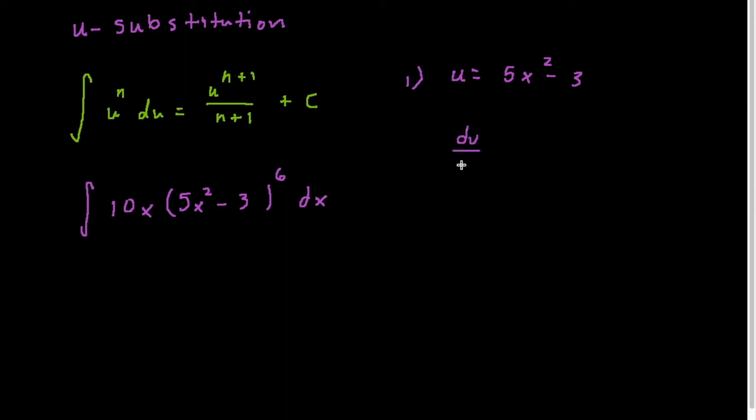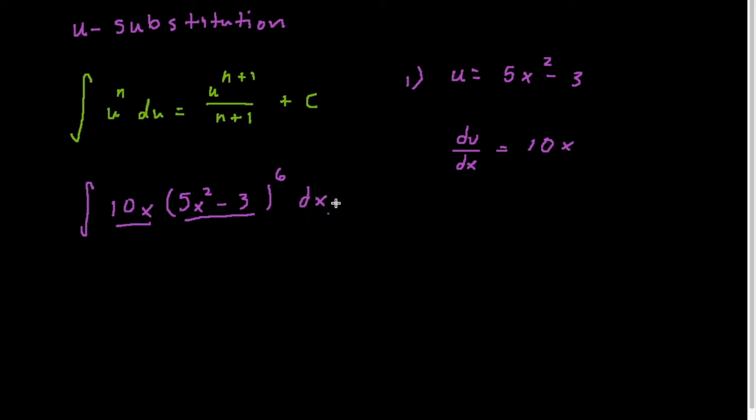Then think about the derivative of that function. The derivative of u with respect to x would be 10x, and the minus 3 goes away. So that seems to work. It makes sense to set u as 5x squared minus 3, because here's u, and then the derivative of that is 10x, which we also see here.